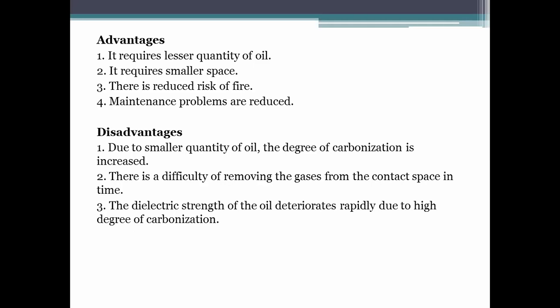Also there is difficulty of removing gases from the contact space in time, because we are using less oil. Then the dielectric strength of the oil deteriorates rapidly due to the high degree of carbonization. As we are using very little oil, that oil will easily get deteriorated and we have to replace that oil frequently.